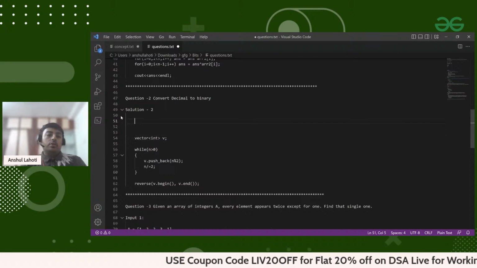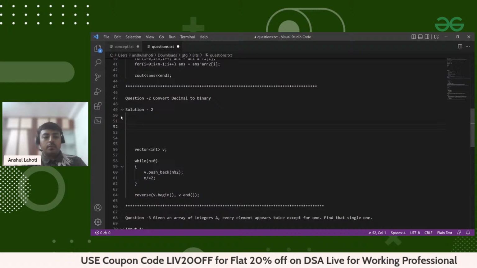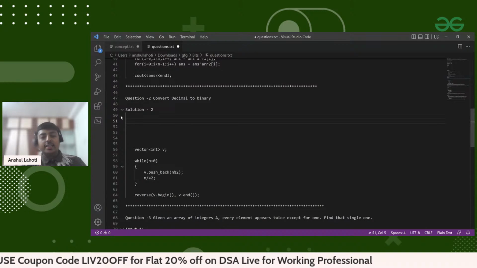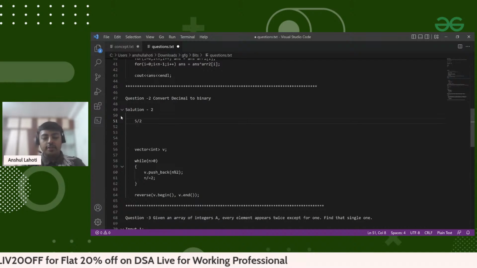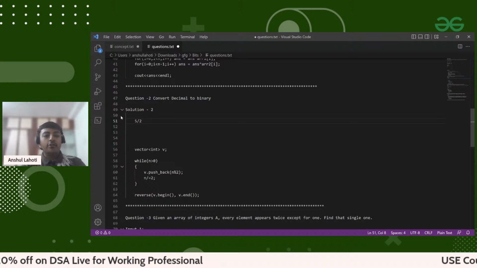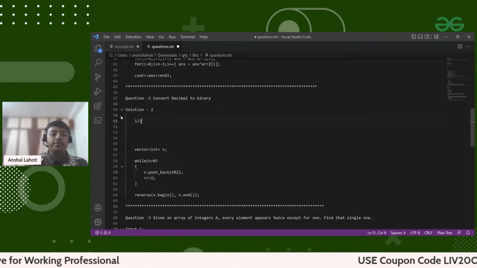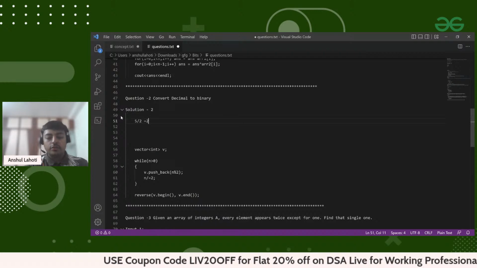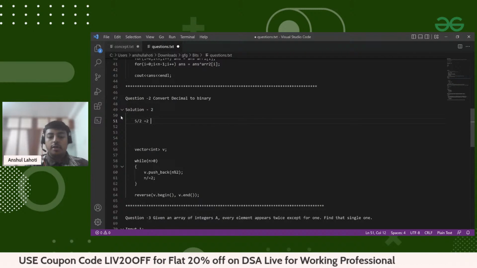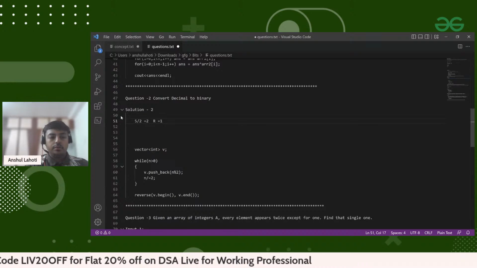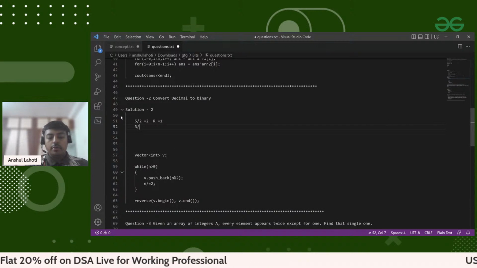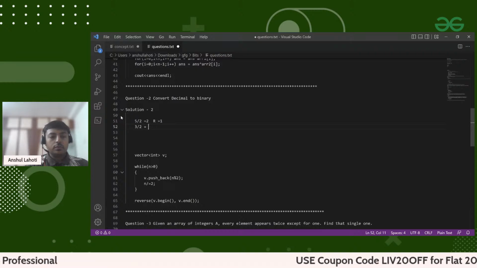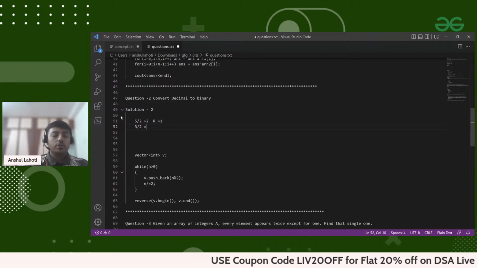We have already seen the example of how to convert the number 5 from decimal to binary. The remainder is 1, and 3 divided by 2, oh, we got 2, sorry, here.